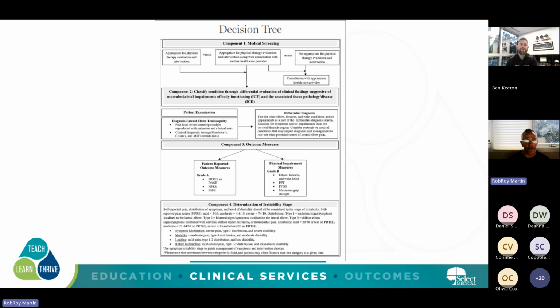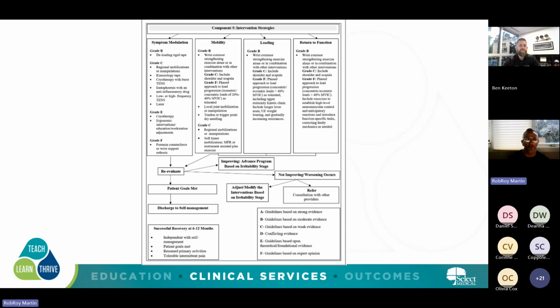One of my main goals today is to go over this decision tree in detail, highlight what I think are important components of it, and then talk about some of the nuances that are also embedded in here. As we're all familiar with, we have our medical screening component, which leads into our examination, and then we have our intervention strategy.